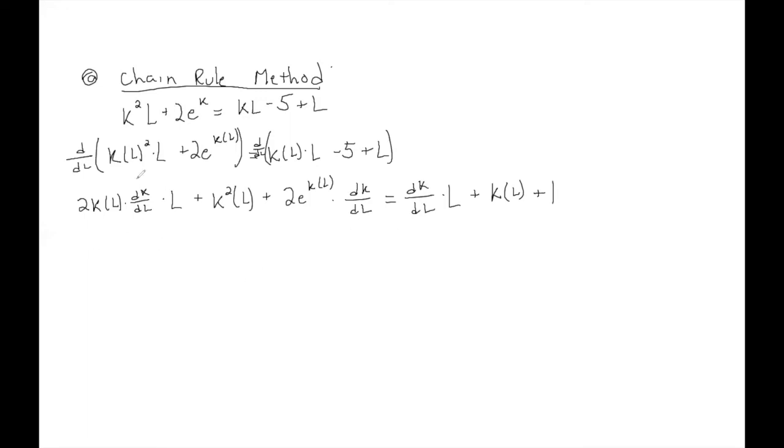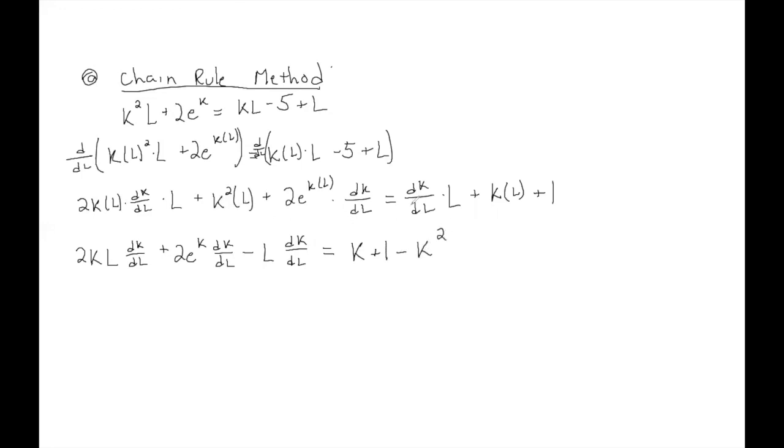Okay, bringing all of the dk dLs to one side and everything else over to the other. I'm going to start writing k instead of k of L, just to save on space. I get the following. And then I get k plus 1 minus k squared.